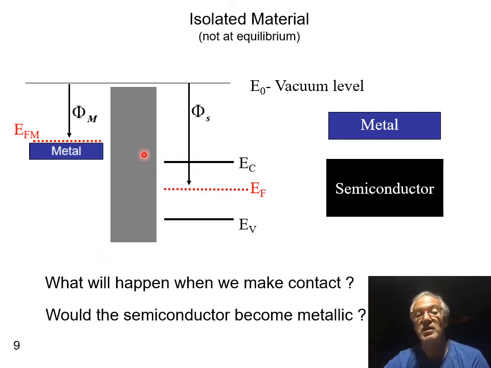So really what's going to happen when we apply these two and make them touch each other? From before we can assume that when the two touch there will be a lot of charges spilled into the semiconductor. The question is, will they be spilled enough to make the whole semiconductor metallic, or are they going to do something only at the interface?